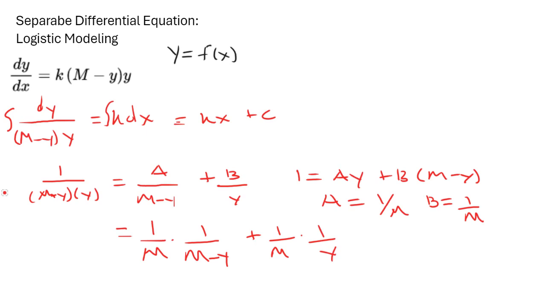Now, from here, you could technically just rewrite this as 1 over m times the quantity 1 over m minus y plus 1 over y.